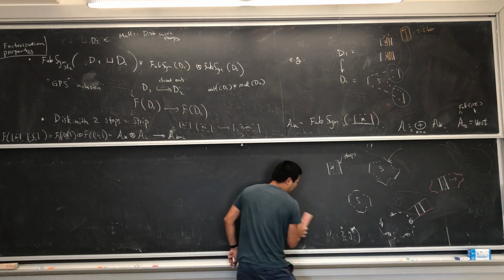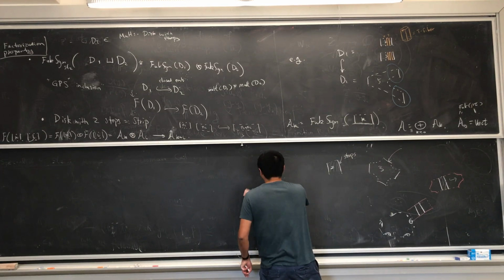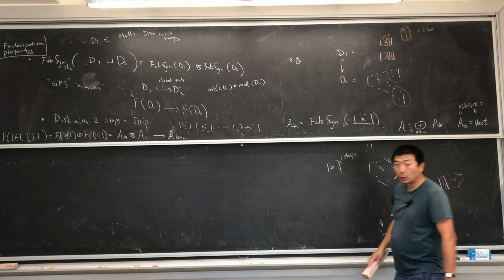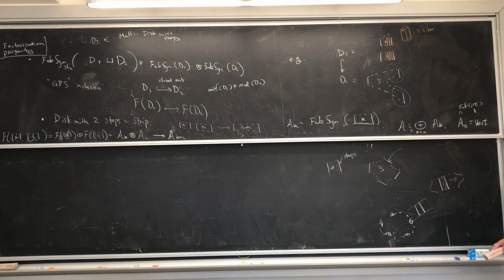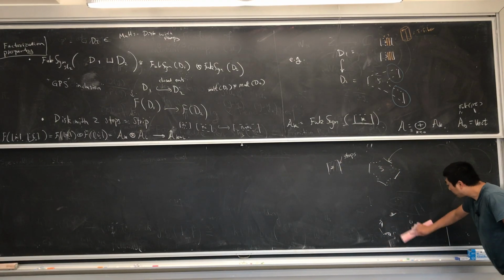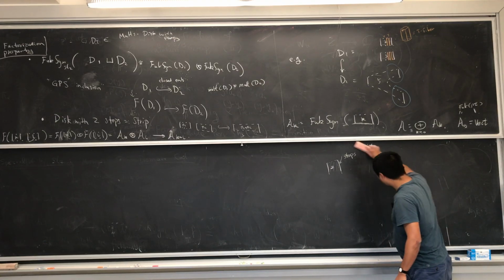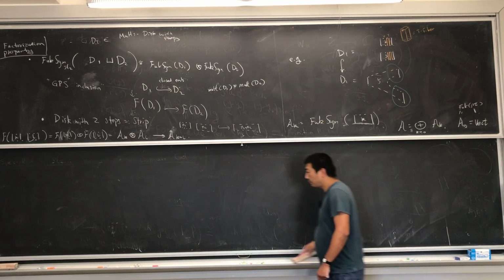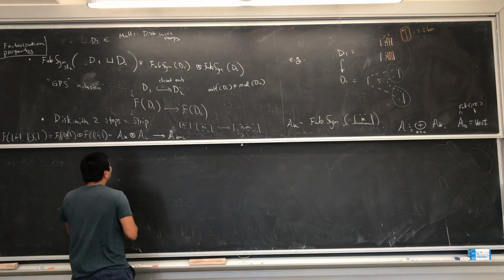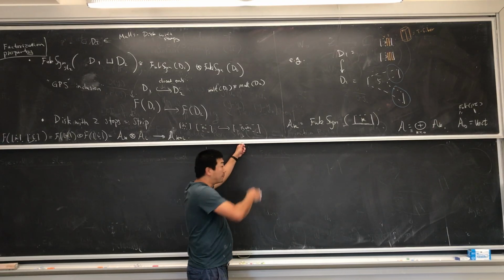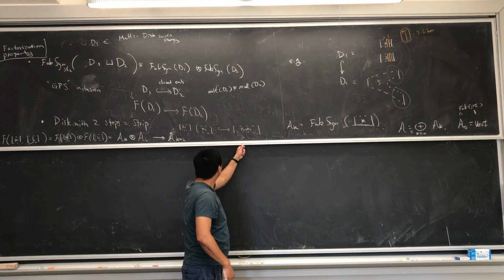So these GPS inclusion functors also have adjoints, as part of the benefit of having enough stops.